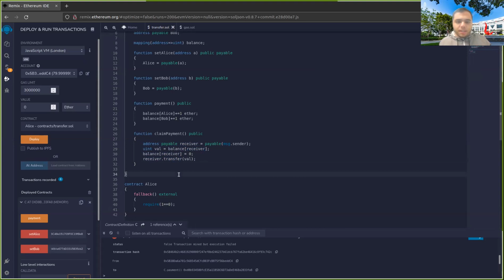So make sure that it never happens that, for example, Bob's money gets stuck in the contract because Alice is causing an exception in her fallback function. Okay? So this was actually the most common problem that we had in homeworks 4 and 5.